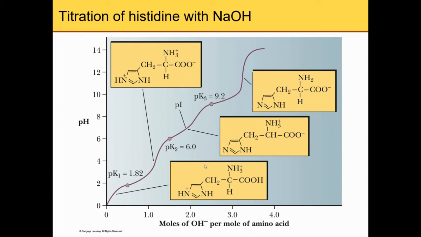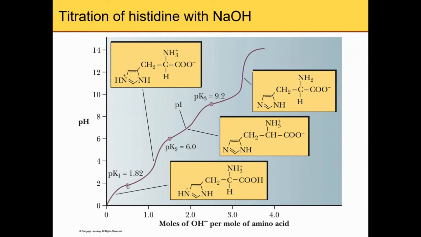This is just an example to show you that as you add more sodium hydroxide during the titration, you increase the pH. We can go from pH 1, between pH 1 and pH 2. There's a pK1 of 1.82.